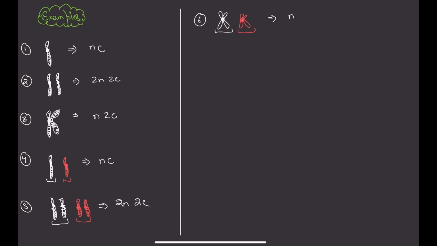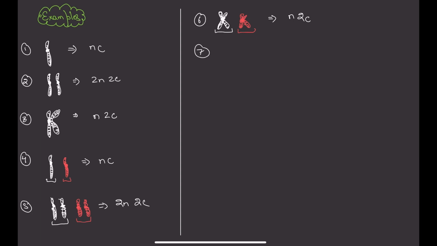There is no other copy present. But every chromosome has how many chromatids? White has two chromatids. Red also has two chromatids. So the content of DNA becomes 2C. Okay.